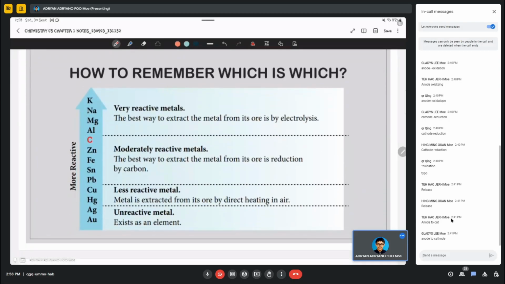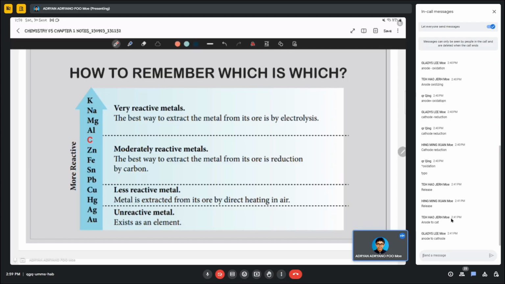Okay, so for example, how to remember which is which, this one. Kalau nak kahwin mesti ada cinta zahid fuli, this is my method: cinta zahid fuli supaya perempuan hasil cukup anak. So you can see that Cu and mercury, Hg, are less reactive, right? So direct heating. Now Ag is silver, Au is gold.